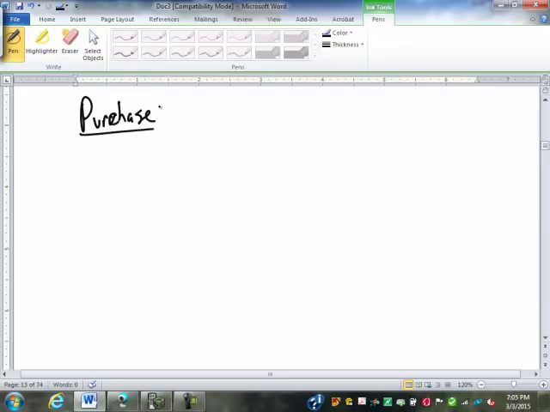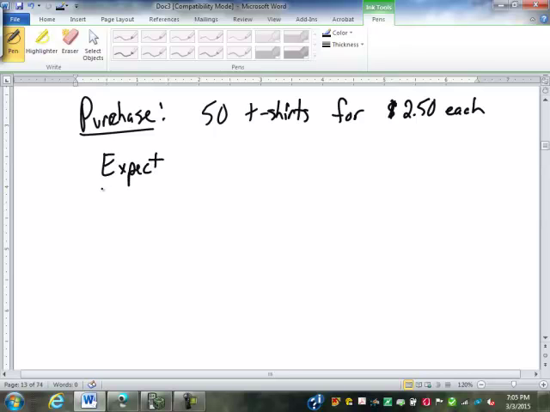Let's say that you purchase 50 t-shirts for $2.50 each. Let's say these are like sport shirts, you know, for the NFL playoffs or something like that.